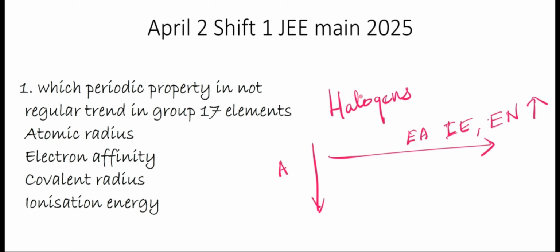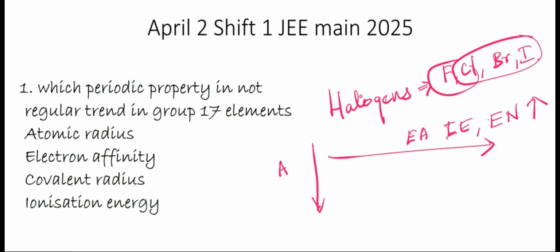Okay. So the question asked is about the exceptions. If you are seeing the halogens, fluorine, chlorine, bromine and iodine, there is an exception in the case of electron affinity. You know that, because of the smaller size of fluorine, the electron affinity of fluorine when compared to chlorine is less.